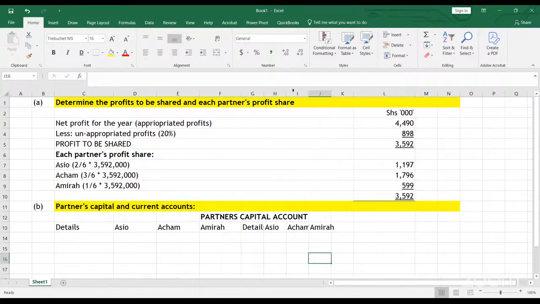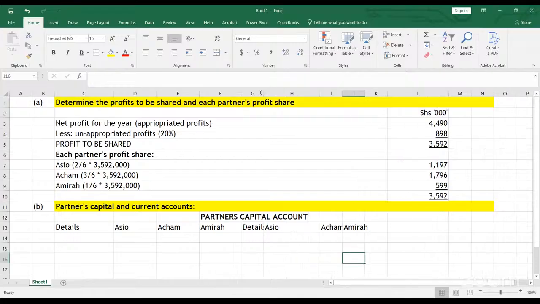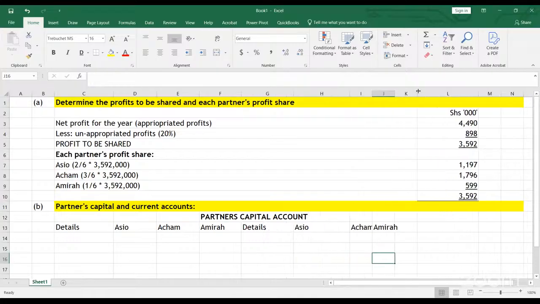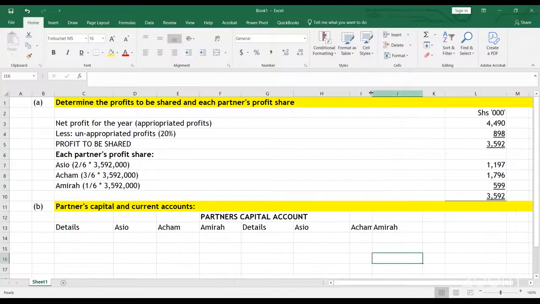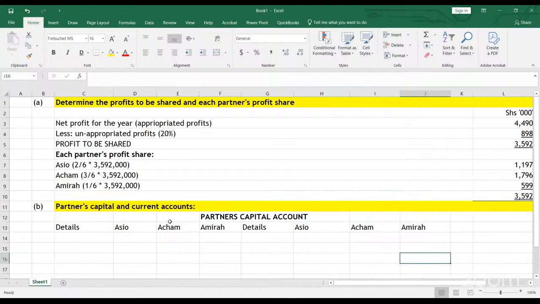So this is your capital account. I think now it's clear. This is how we prepare that account.